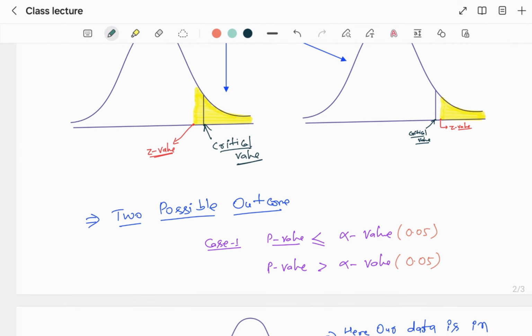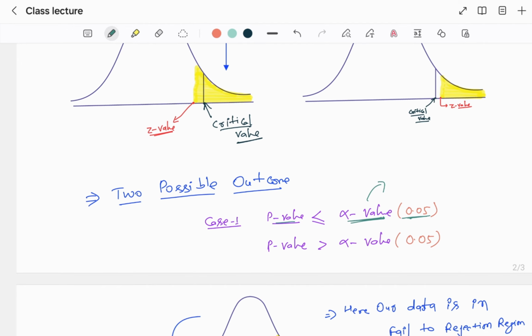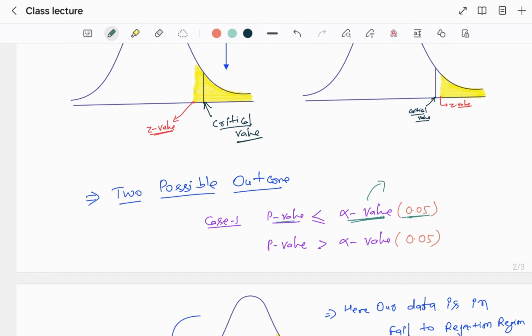As we can see, there are two possibilities. Remember that the alpha value is also the area of this curve, and the p value is the yellow shaded color, as you can see here. In this case the alpha value we have already decided, that is 0.05. So the p value will be lesser than 0.05, or there could be the possibility of the p value being higher than the alpha value.